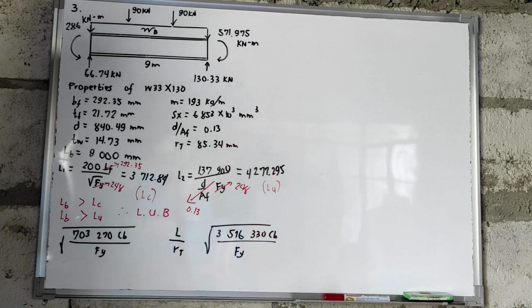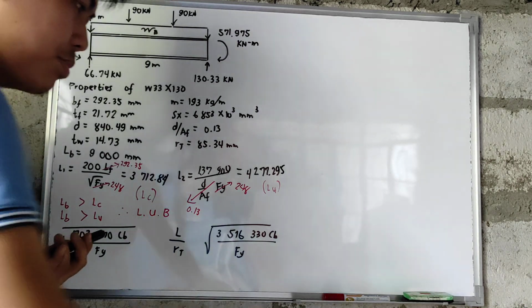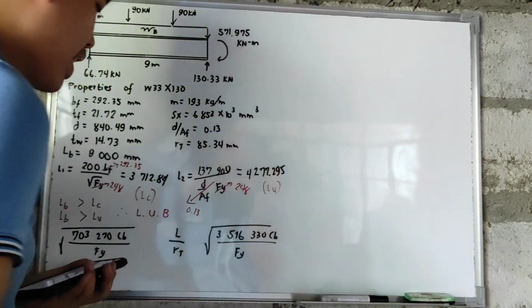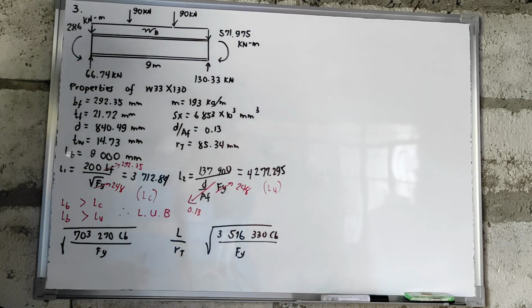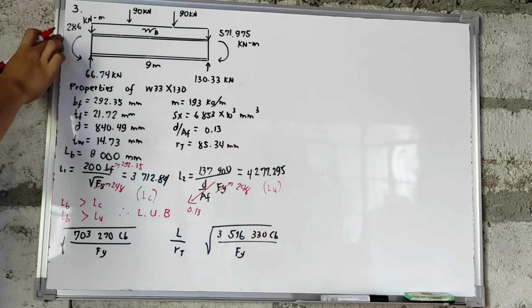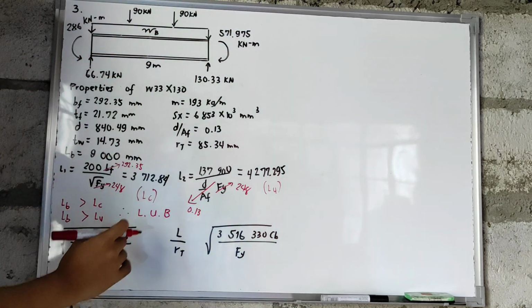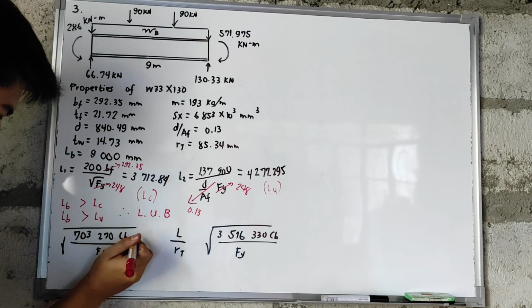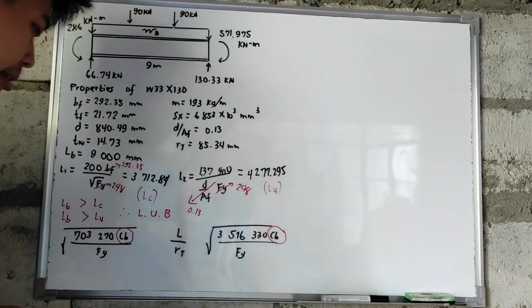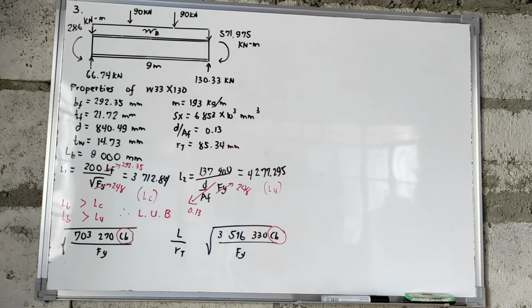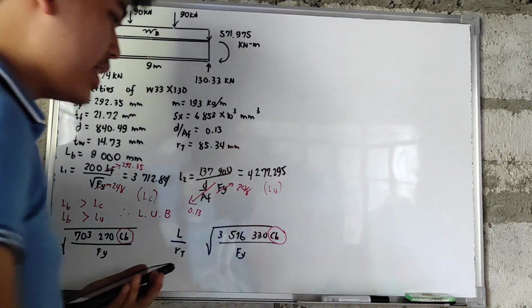So, hindi natin alam yung mga value niyan. So, i-compute muna natin, para malaman natin kung intermediate or long yung beam natin. Since meron tayong mga end moments, kailangan muna nating malaman yung value ng C sub B natin. So, compute muna natin yung value ng C sub B.